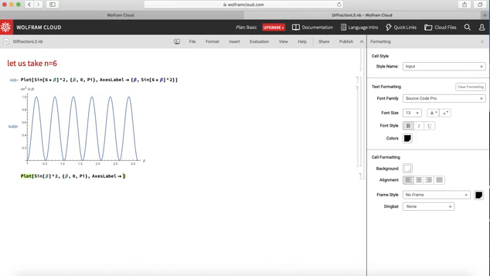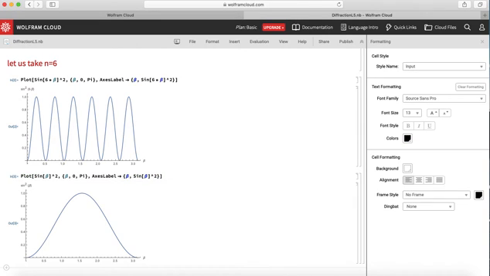If there is some error it will show in red. Again I can just copy from above, paste it here, and modify it to sine square beta. Then shift enter.